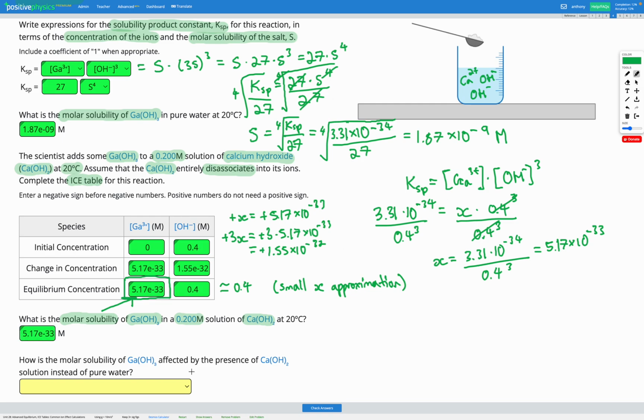Our final question asks us, how is the molar solubility of gallium hydroxide affected by the presence of calcium hydroxide solution instead of pure water? So let's compare what we had. We calculated at the beginning the molar solubility in pure water was 1.87 times 10 to the power of negative 9 molar.